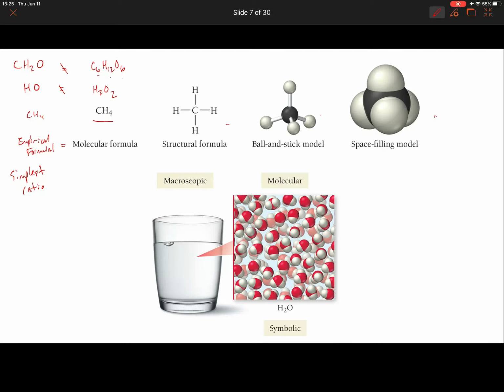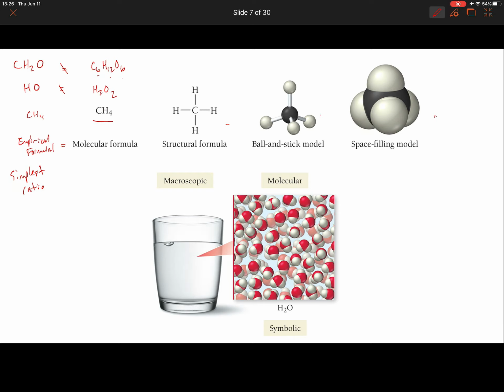The balls are color-coded. Hydrogen's white, carbon's black, nitrogen blue, oxygen red, fluorine's kind of a greenish color, phosphorus purple, and so on. And then there's the space-filling model. These atoms fill the spaces around each other and more closely represent our best idea for how a molecule might appear if we could scale it to be visible.